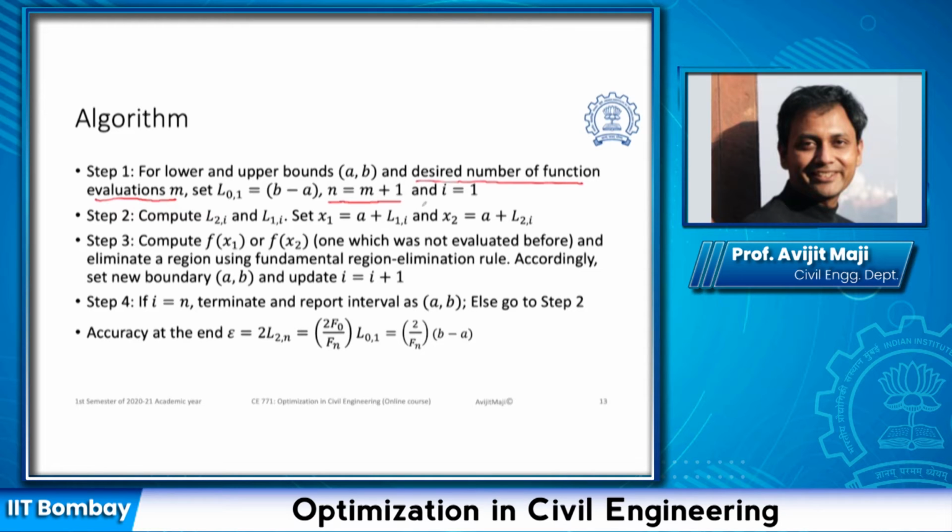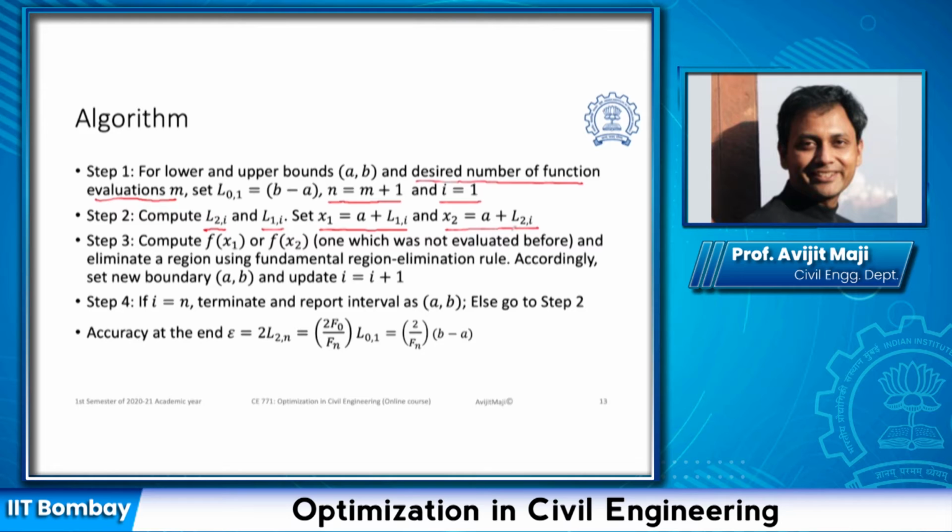Now when we do this, we also need to understand another component which will be coming towards the end of the algorithm, and we also need to set the counter or the iteration as 1. Then we compute the two points, which are L2i and L1i, and set the first point x1 as a plus L1i and x2 as a plus L2i.